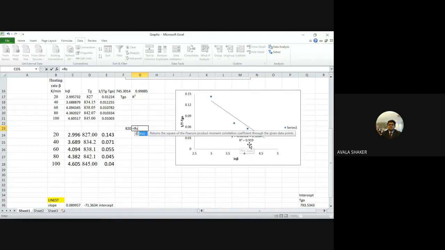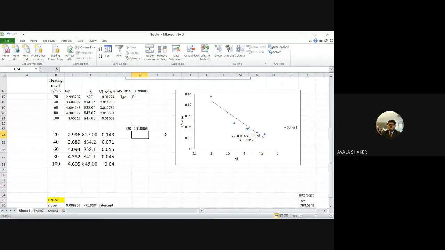Yeah, so this R square coefficient function is there. Okay, so these are my unknown y's. This is unknown x. Yeah, so this is 0.919, 0.9819. Okay.